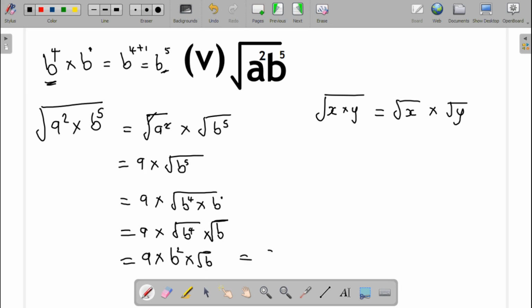Now this becomes a b squared root b. This becomes your final answer. So therefore, root a squared b raised to power 5 is equal to a b squared root b. Now this becomes your final answer to this question. Okay, good.